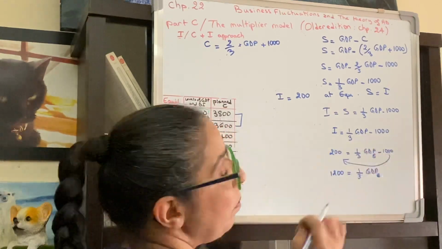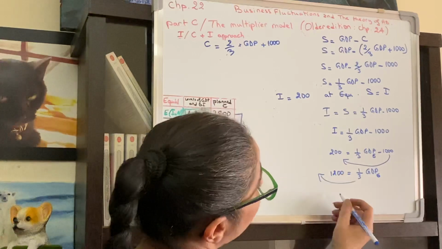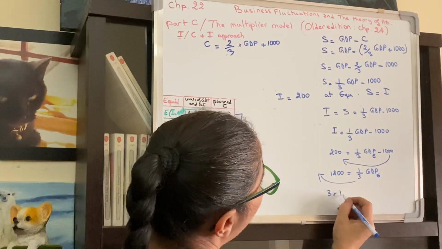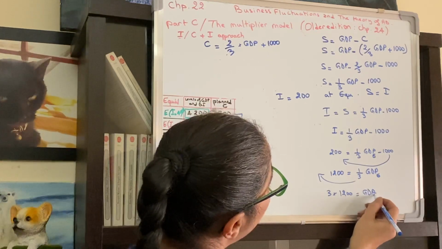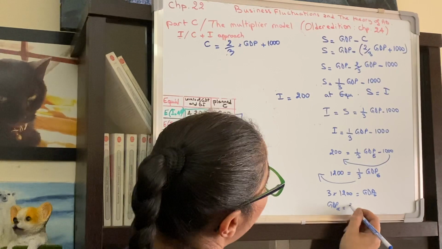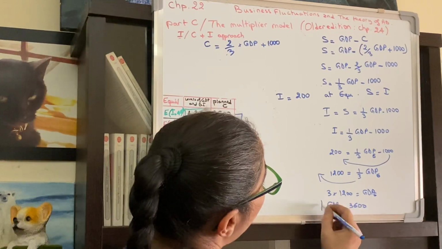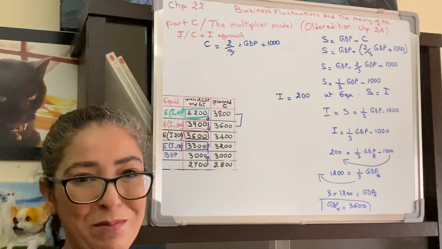Because we put the equality, it means we're at equilibrium. So I'm just going to multiply by 3. 3 times 1200 is equal to GDP at E. So GDP at E is equal to 3600. And you see that we found exactly the same number.